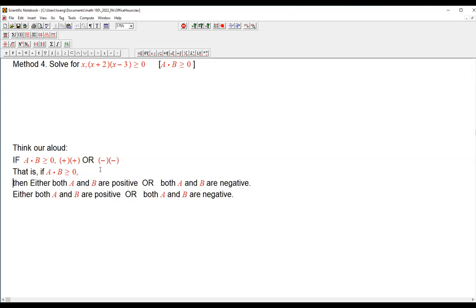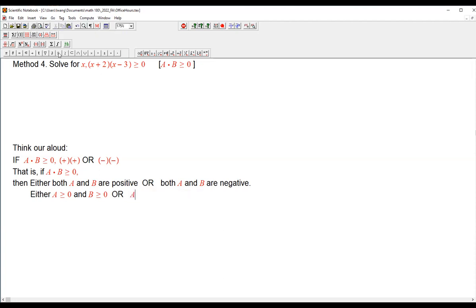Let me put it down here. I made it line up. So both A and B are positive, so we would write it this way. A is greater than or equal to 0, and B is greater than or equal to 0. The or case, both A and B are negative. How do we write that?